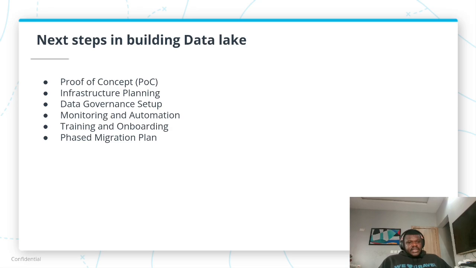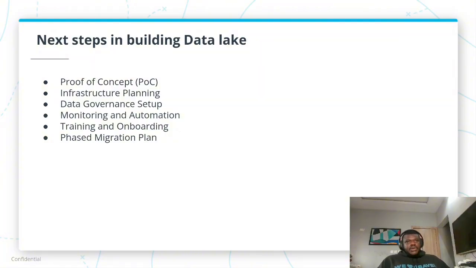There's also the governance setup where Atlas will be useful to manage our metadata and compliance requirements. Monitoring and automation, that's where Prometheus, Grafana, and Airflow would help us.